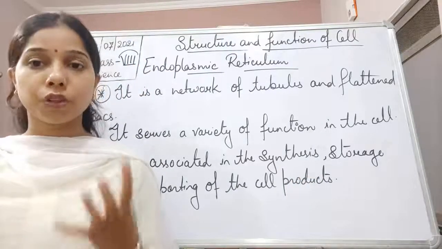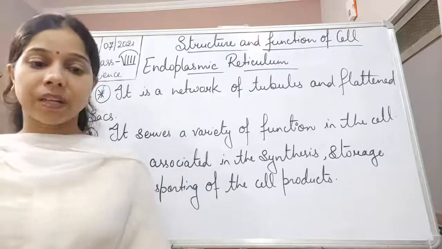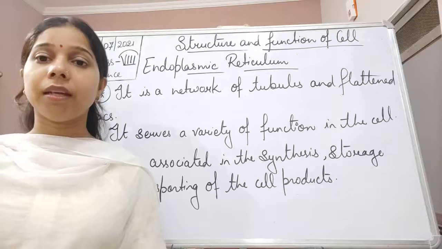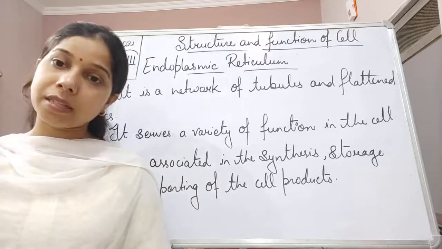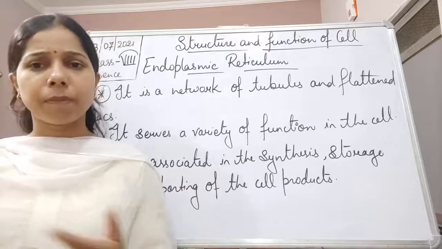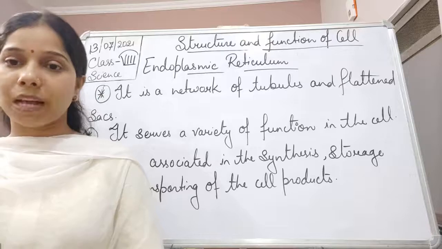Okay, so endoplasmic reticulum is what, student? These are the tubules and flattened sacs, a network-like structure which basically may have ribosomes on it. If a ribosome is present, the surface will become rough, and we call it rough endoplasmic reticulum.